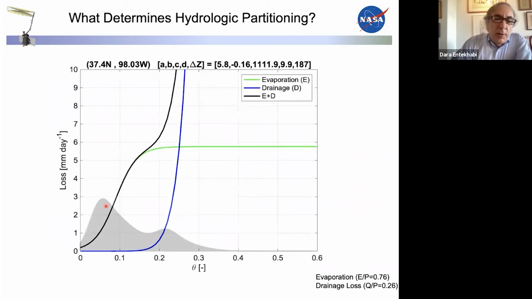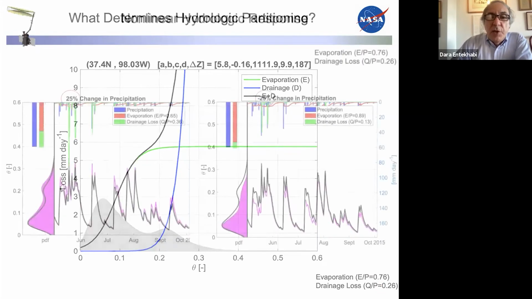So let me just put that PDF on its side to make it look more like a derived distribution. So this is the PDF. These are the loss functions. You integrate these functions with this PDF, and you get these 3/4, 1/4 numbers. So now we can ask questions.